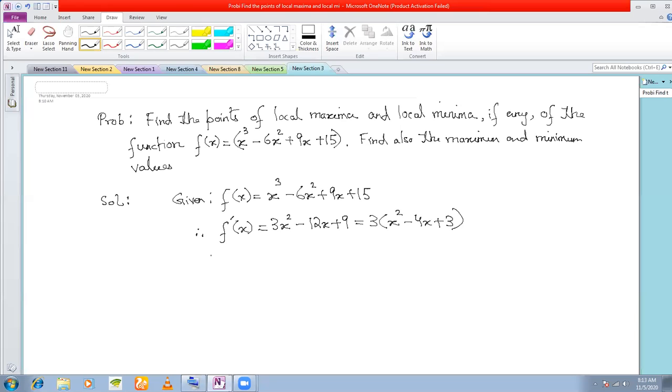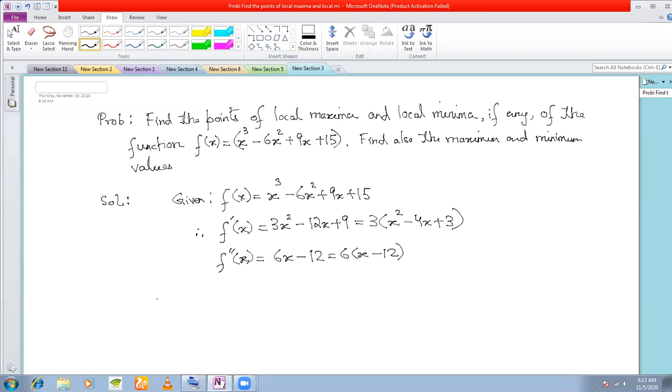Okay. Now we shall find f double dash x, the second derivative. So the second derivative is 6x minus 12. You get 6 times x minus 2. Okay. Now we have found out the first derivative and we have found out the second derivative.